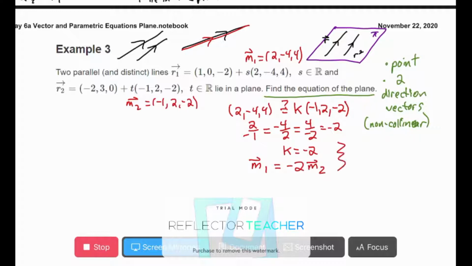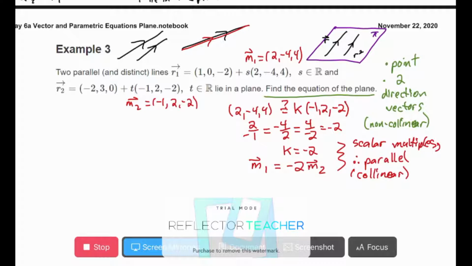So these are scalar multiples, and therefore, they are parallel and collinear. So we can't use them.